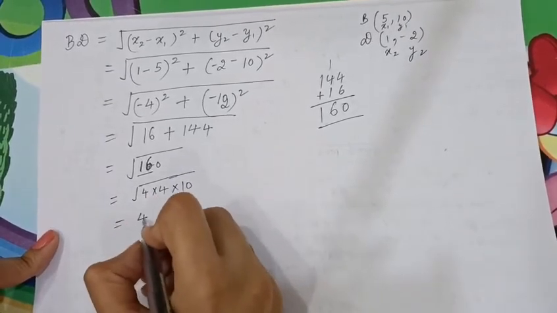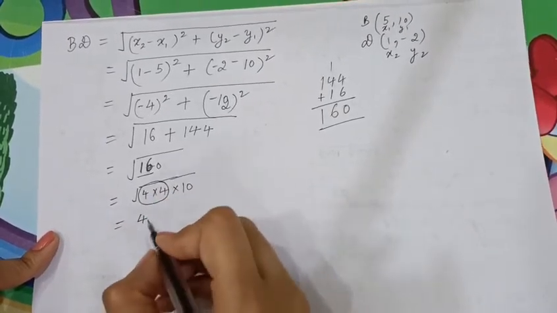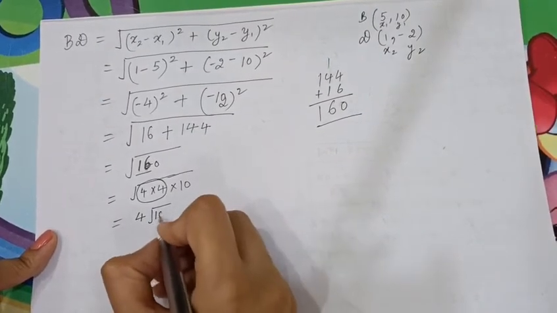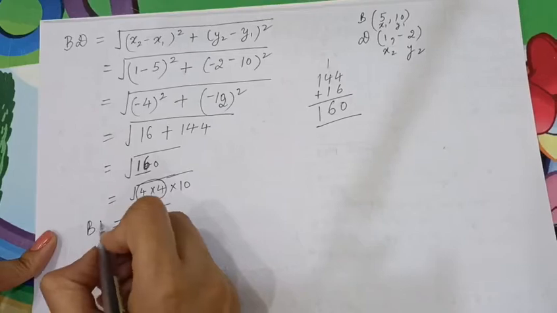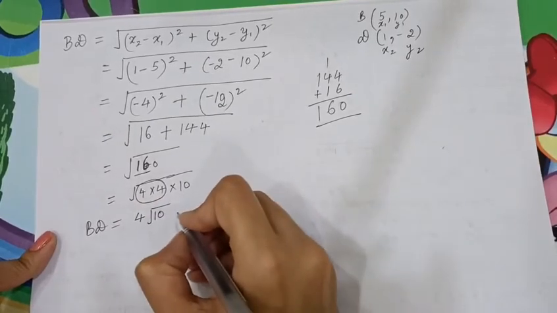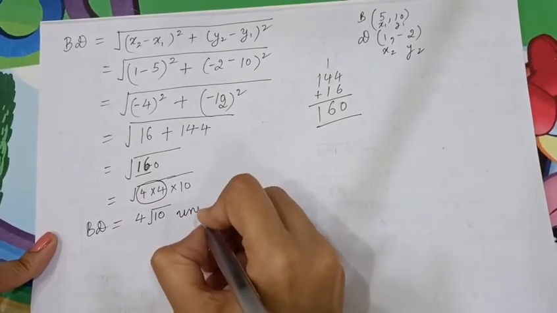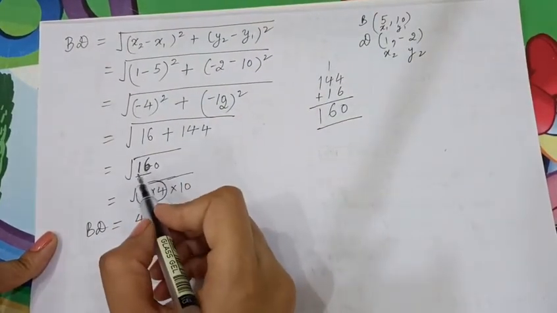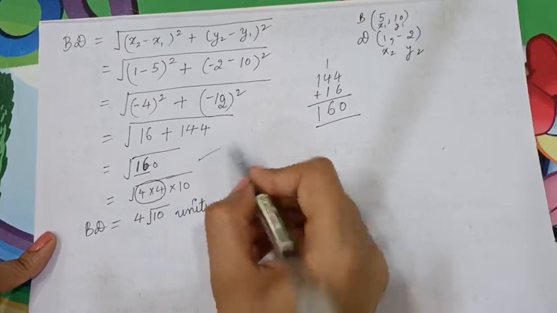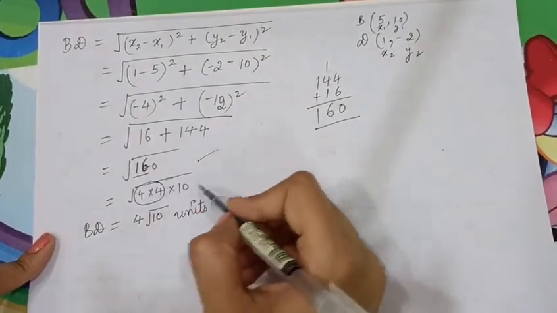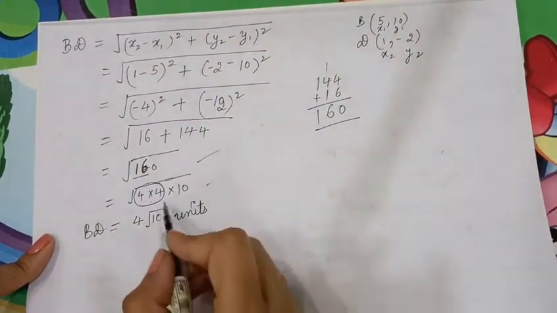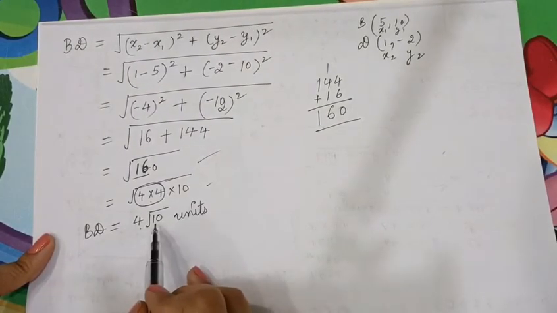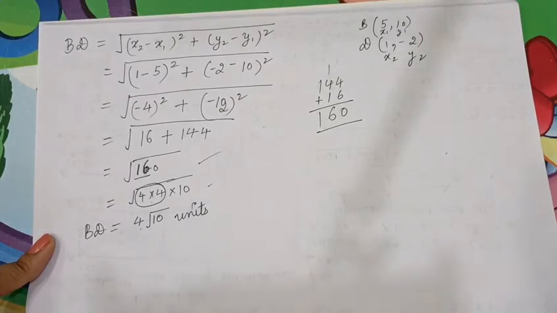So 4 and 4 you can take out because one pair we are getting, and 10 will be inside only. So BD is equal to 4 root 10 units. Square root anyway you can solve. You know the method, by prime factorization also you can solve, or directly by factorizing. And root 10 no need of further solving. You can write the distance like this only.